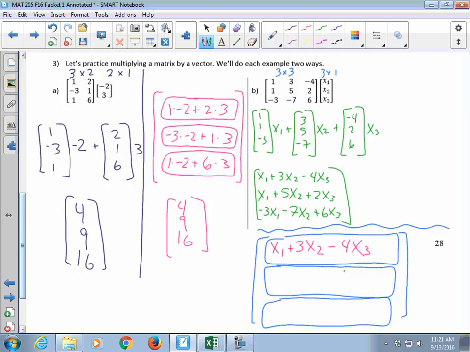And then move to the next row, 1x1 plus 5x2 plus 2x3. And the last row, dot product with the vector, and you get negative 3x1 minus 7x2 plus 6x3. That's the same thing as I got right here.